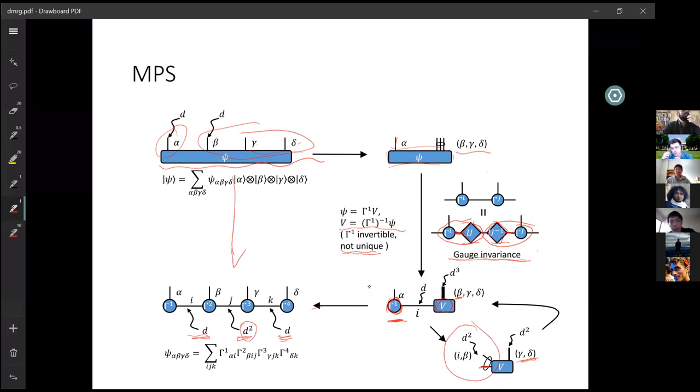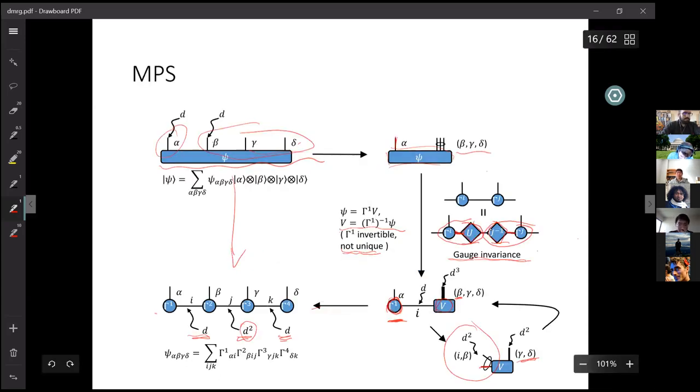We will introduce a conventional gauge that is very useful for contraction, to calculate physical measurables. That's called the canonical form. We will get into this later. I'm just trying to point out that a matrix product state expressing a certain wave function is not unique.